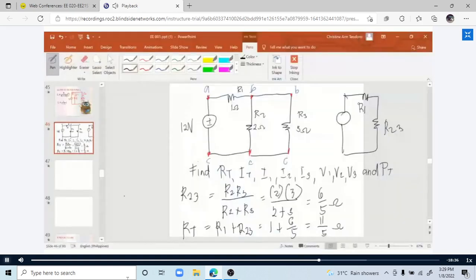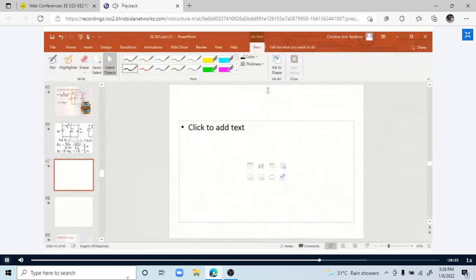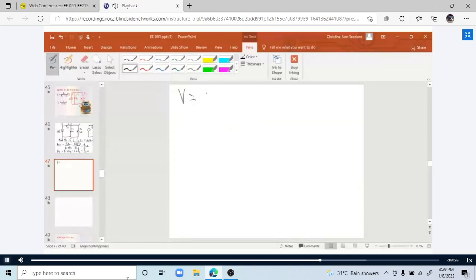The I total. Very good. We can now get the I total. So we know that we have Ohm's law, correct? Our voltage is equal to our current multiplied by the resistance. So in order to get your current, you have to divide your total voltage all over your total resistance in order to get your total current.